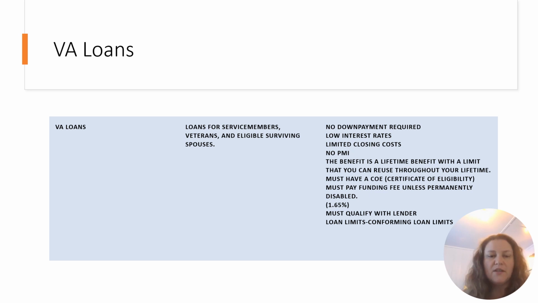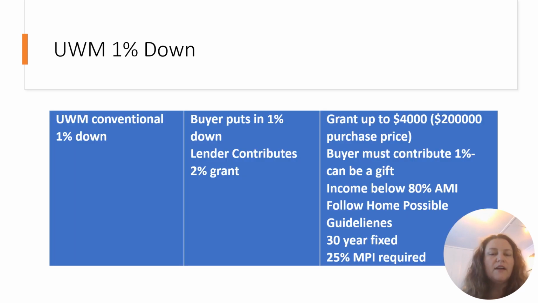So it's great. Right now we have a 1% down, and I'm not really calling this a 1% down because it's not going to be 1% for anyone in Colorado. It's truly a $4,000 grant. So if you have less than a $200,000 purchase, it would be 1% of that, but you would have to pay.